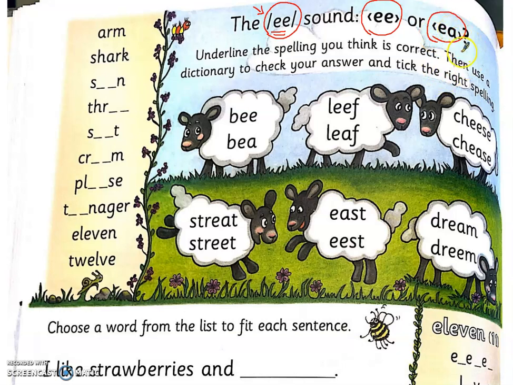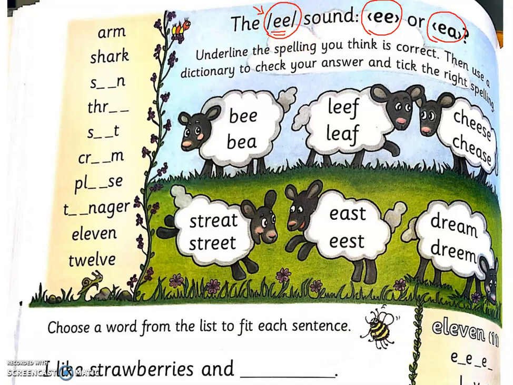Now sometimes EA says like in the word head or deaf, but today we're only looking for words that have the EA sound that is making an E sound, so a long E sound.